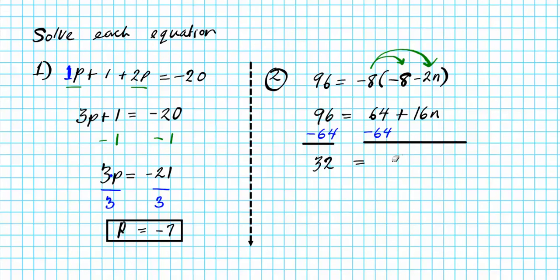And then this adds up to 0, and you have 16n. Okay, let me switch my equation around like that. Now divide both sides by 16 in order to get n isolated. So divide, and you end up with n equals 32 over 16 is 2. So there goes your final result for problem number 2.